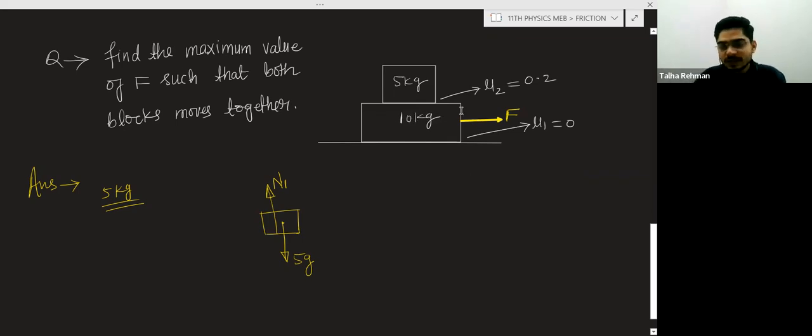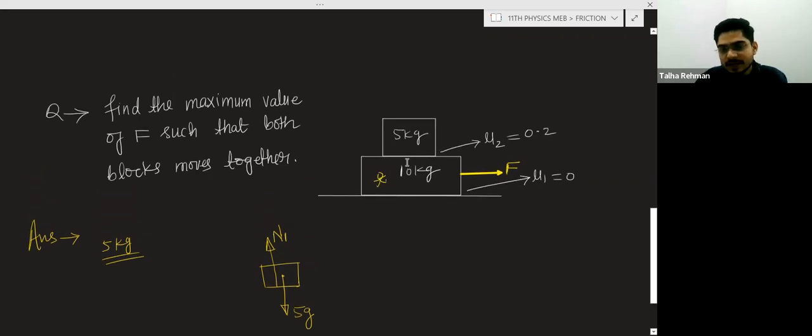If you look from the 10 kg block, meaning you are on the 10 kg block, then it will look like this 5 kg block is going in the backward direction. So with respect to this 10 kg block, this 5 kg block will move in this backward direction.